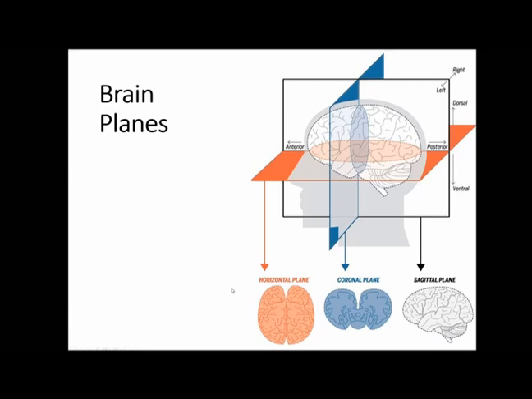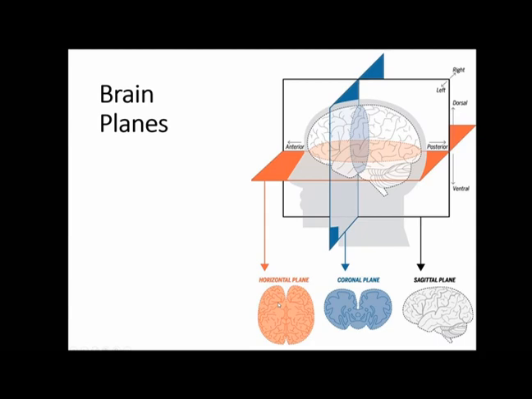And this is a slide that is here just for your information, because we're going to be looking at lots of different images of the brain. And I've had students in the past who ask why the brain doesn't always look exactly the same. And the reason why different images will look different is because you can actually look at the brain in different directions.